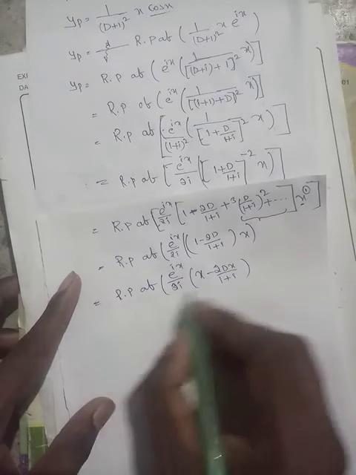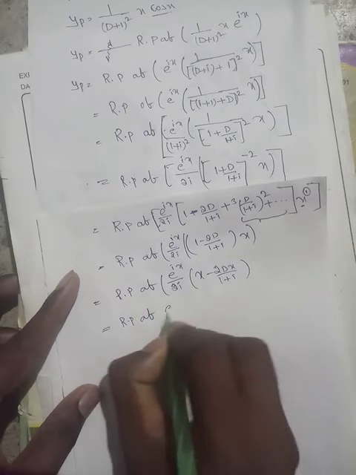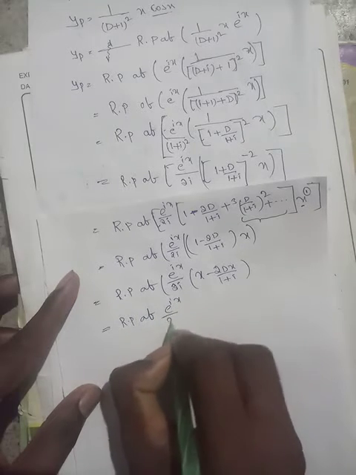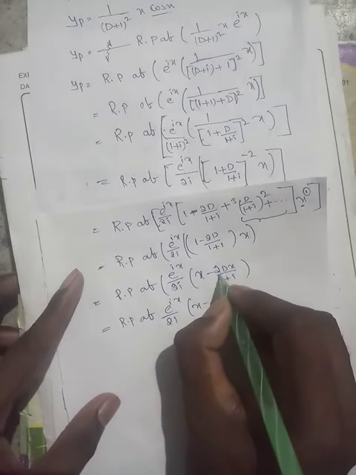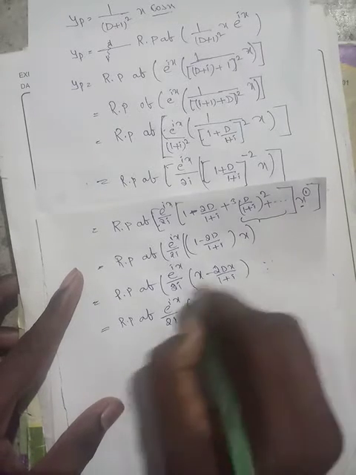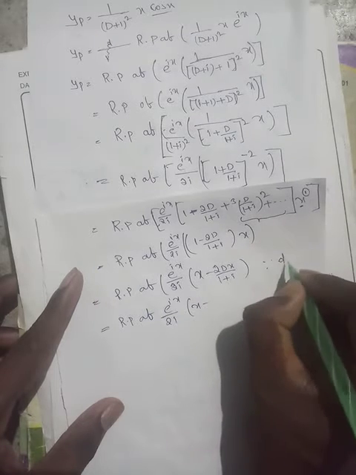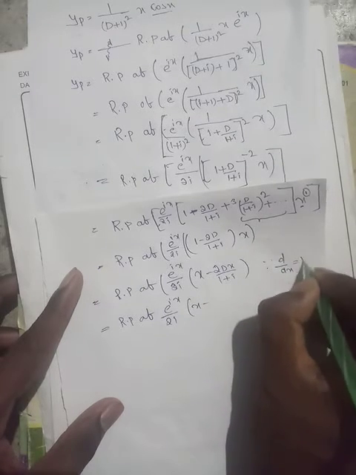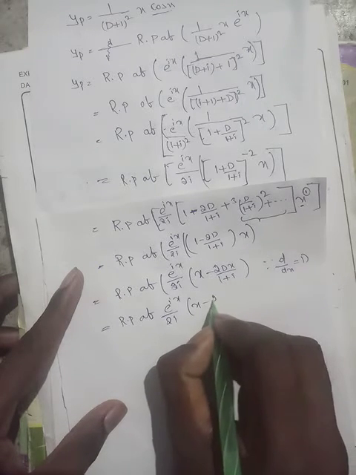Okay, so the real part of e power ix by 2i, x same as it is, minus 2d. We know that d equals d by dx, so d by dx of x is 1. So here remaining is what?